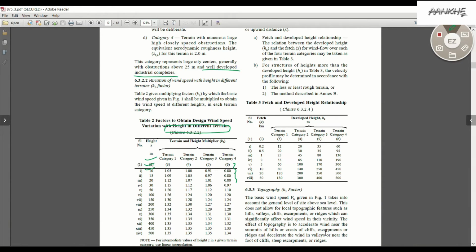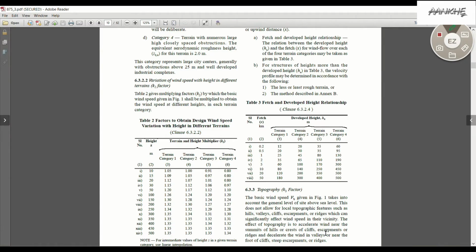Okay, so our structure invariably falls under category 4. So up to 20 meter we have a single constant K2, that is 0.8. Okay, next our structure is on flat ground, so obviously our K3 will be 1.